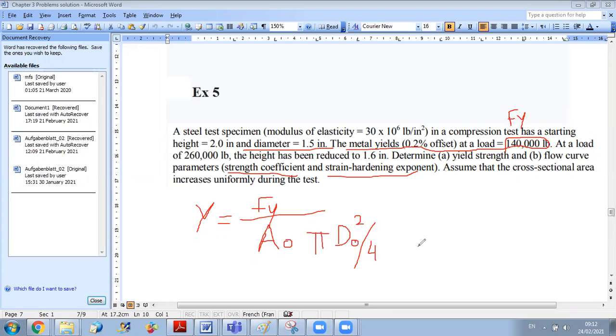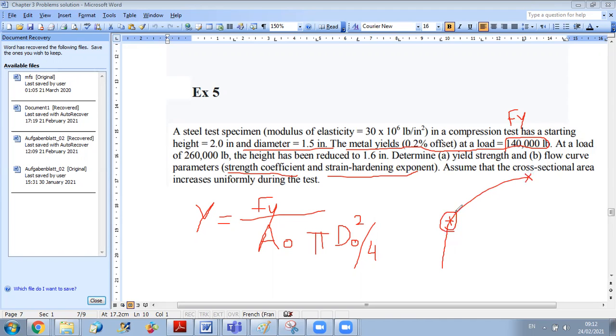The strain hardening zone will start from, if I do a small drawing, the yield point until the maximum load, which corresponds to the tensile strength.